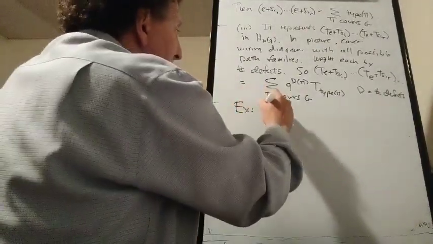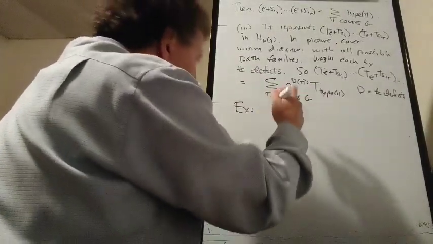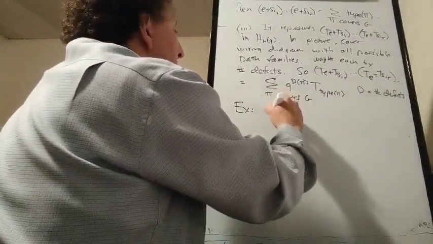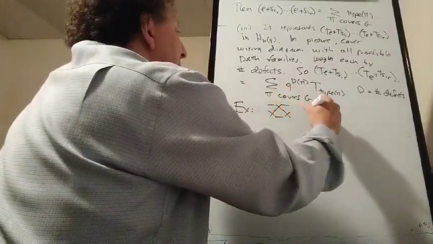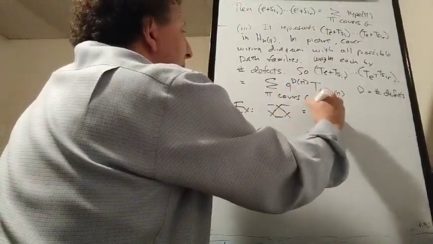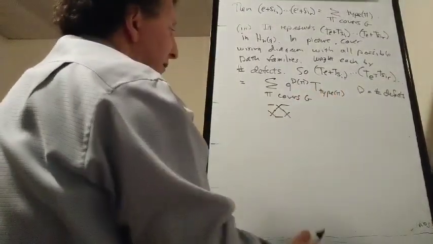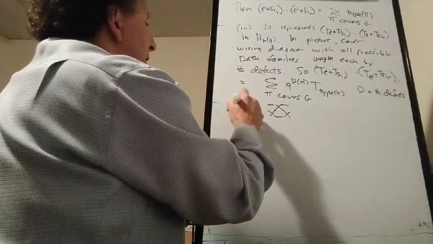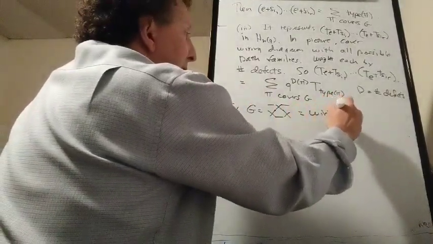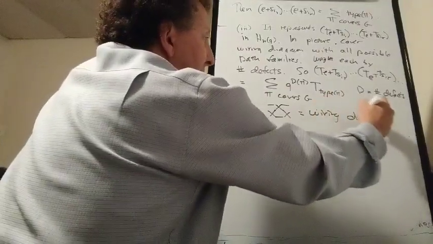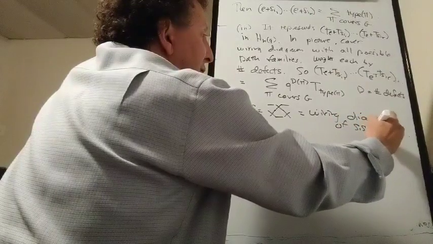So for example, let's use the wiring diagram, call this G. And that's the wiring diagram of S1, S2, S1.